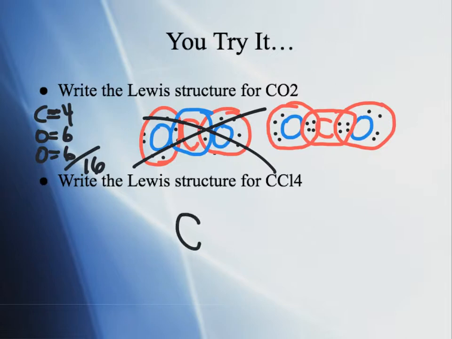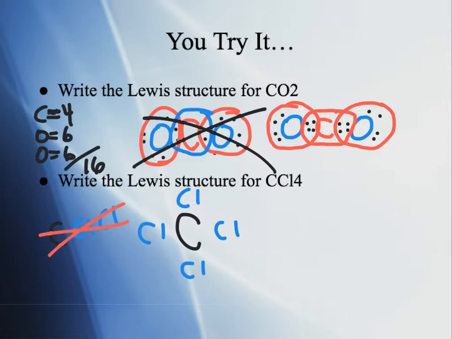And then we've got 4 chlorines. So we've got 4 sides of carbon, and so we're going to put 1 chlorine on each side. Remember we can't have a carbon and then a chlorine and a chlorine, because chlorines can only make 1 bond. So that is not going to work.